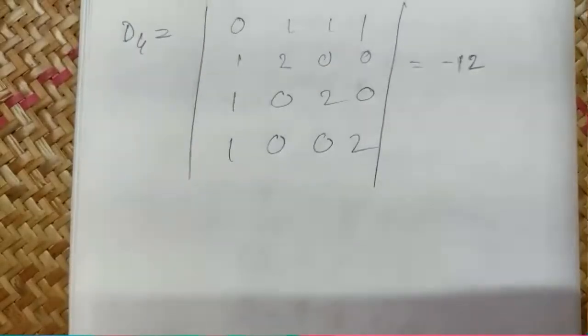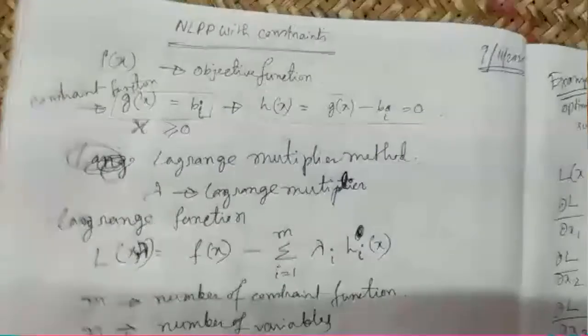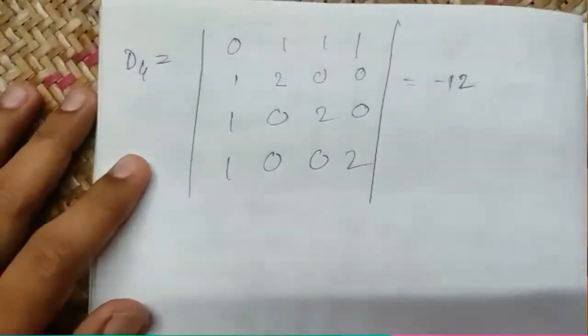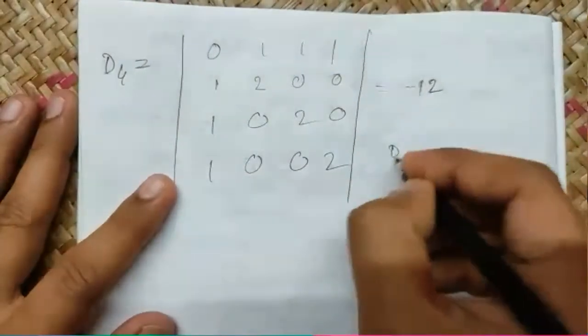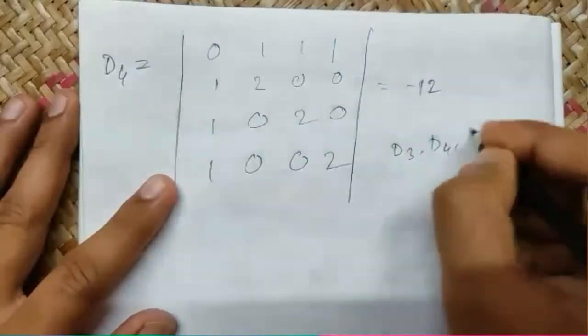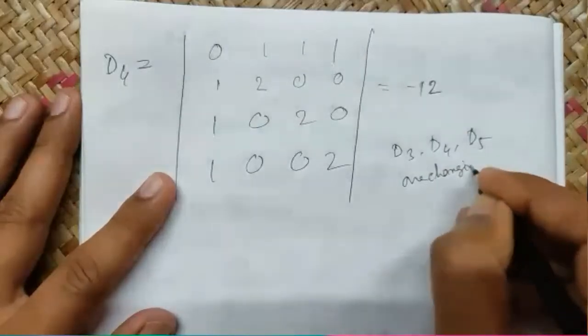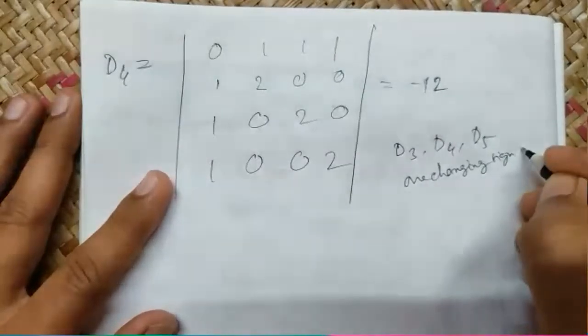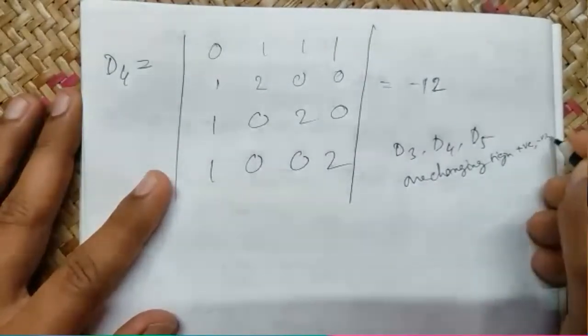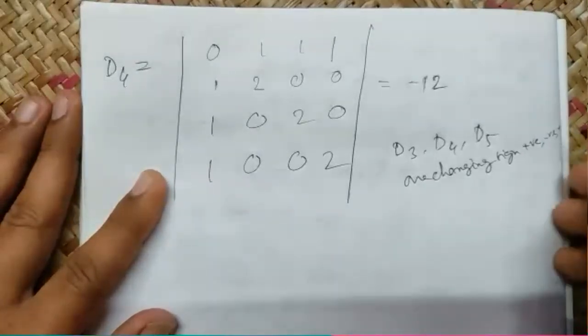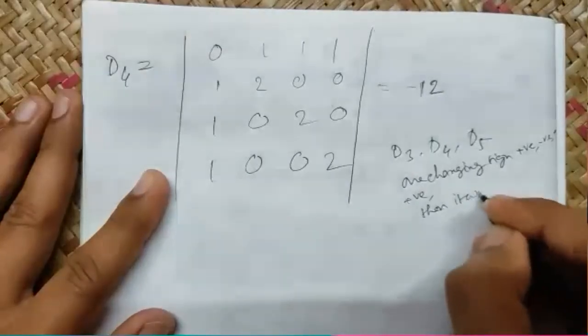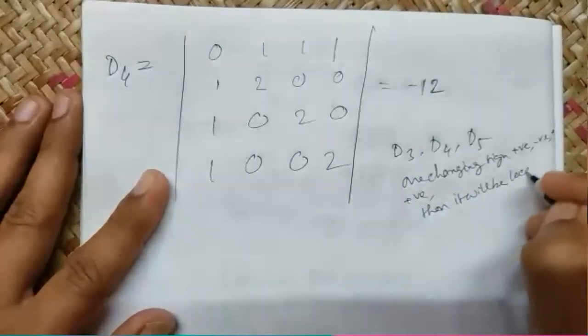So if you remember, in last we have discussed, let us write it again here in fresh. We have not written it, I just told you verbally that if D3, D4, D5 are changing sign as plus, minus, plus, then it will be local maxima.